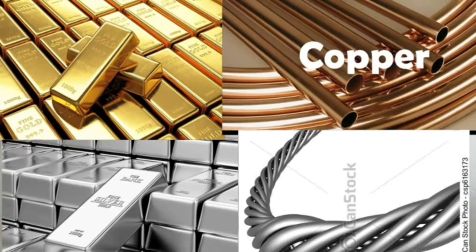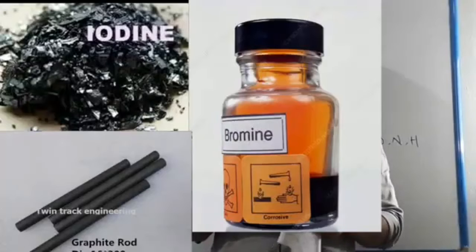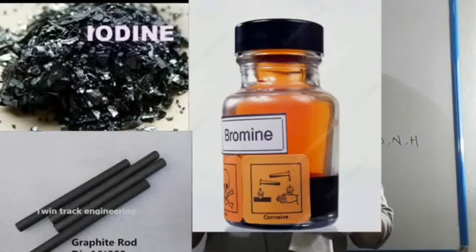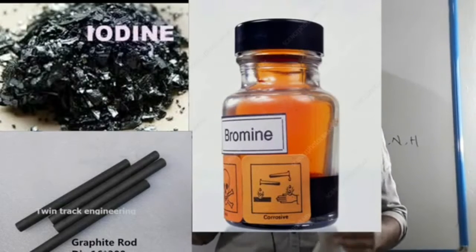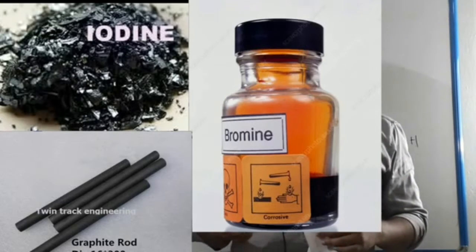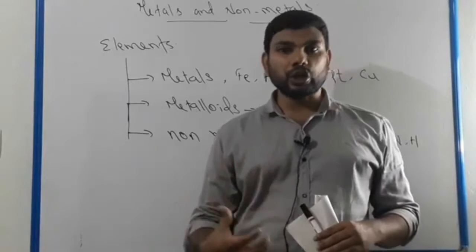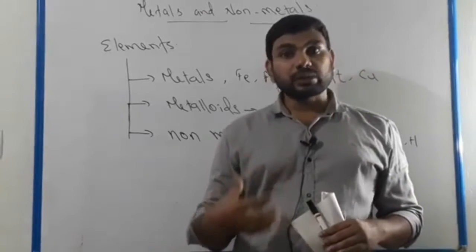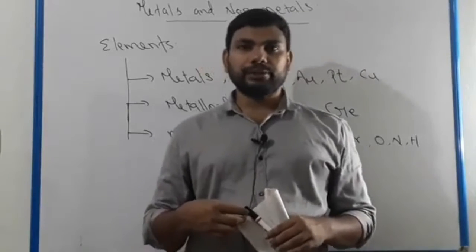Also there are some examples for non-metals: carbon, sulfur, iodine, bromine, oxygen, nitrogen. These are non-metals. Boron, germanium and silicon are examples for metalloids.